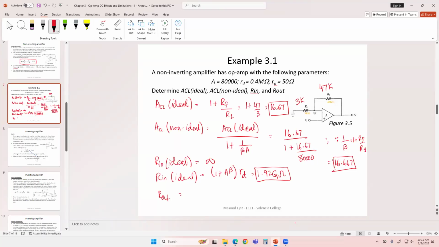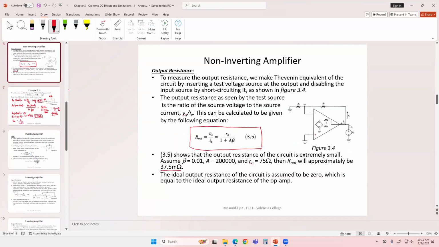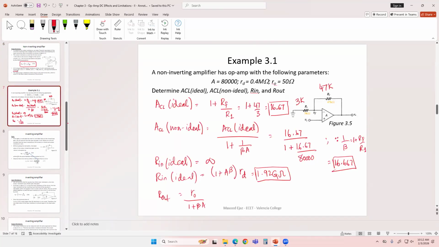All right, guys, calculate the R output, which is equal to R out over 1 plus beta A from the last slide. R out over 1 plus beta A. R out is given as 50 ohms.